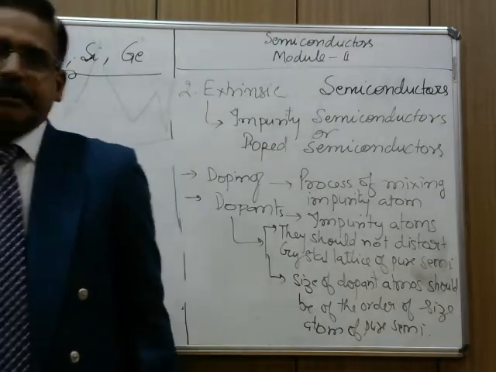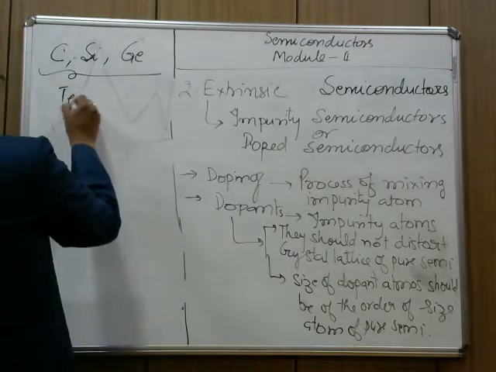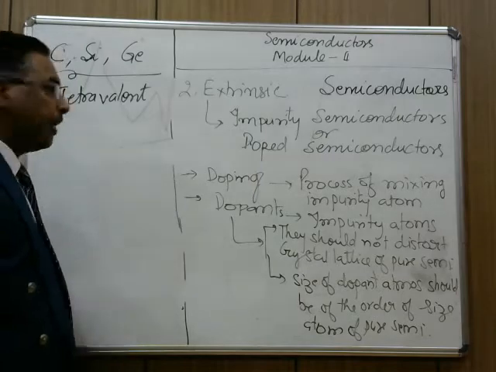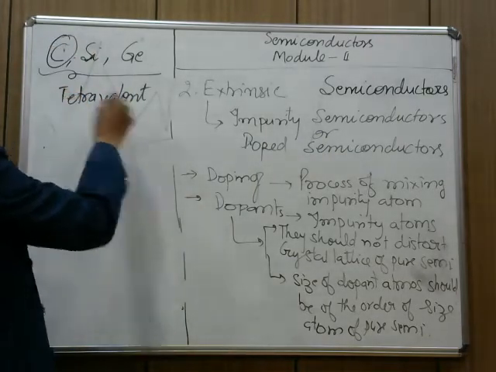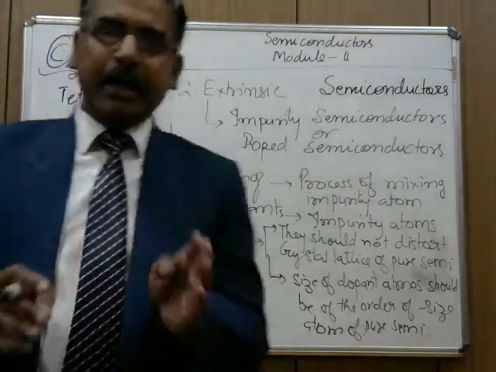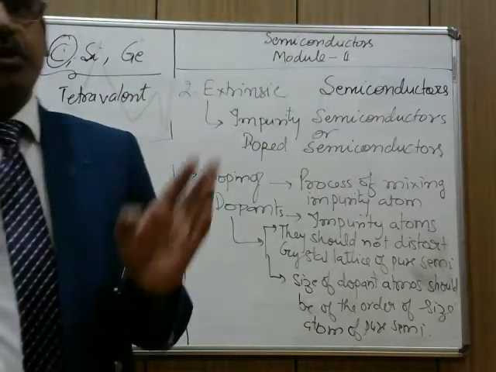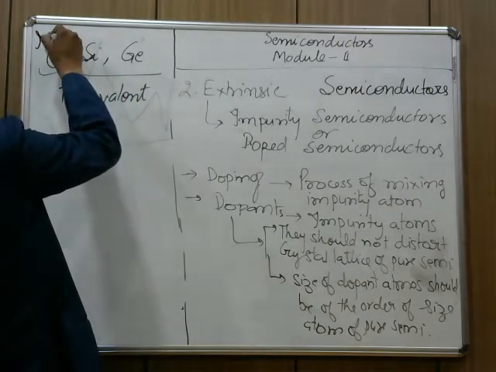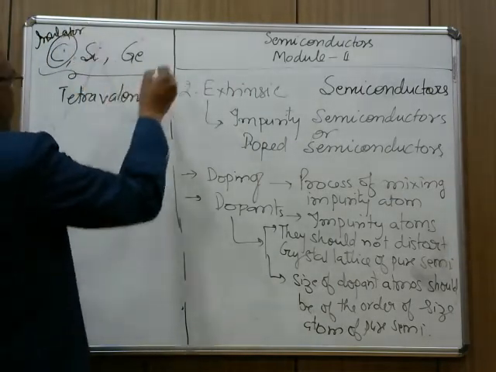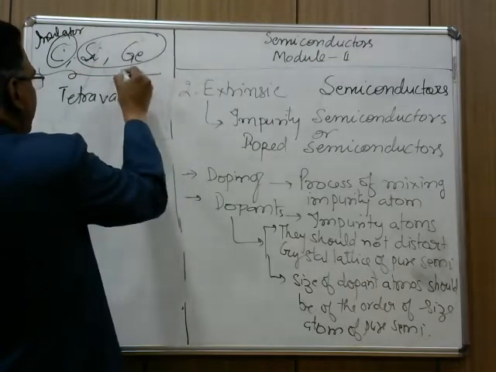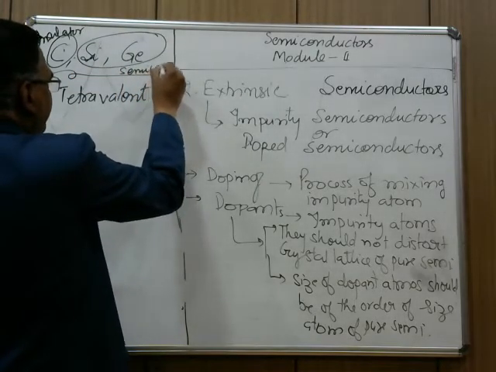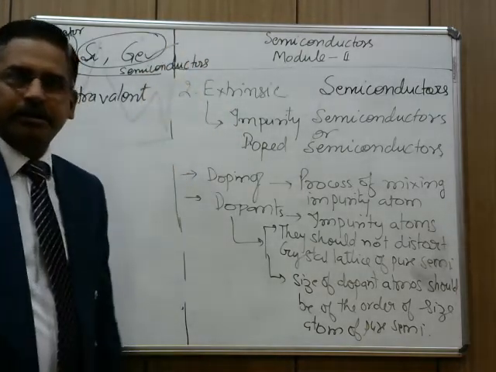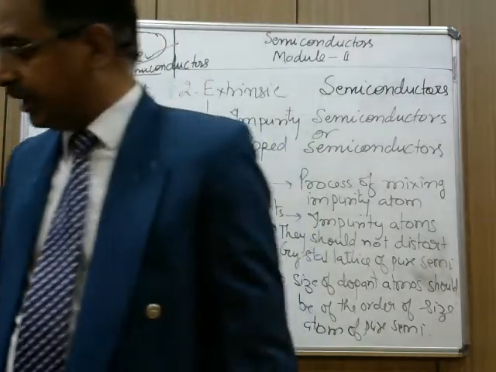All these three are tetravalent, meaning all of them have 4 valence electrons in the outermost orbit. But carbon is an insulator, while these two are semiconductors, and out of these two, germanium has greater conductivity. The question is why?